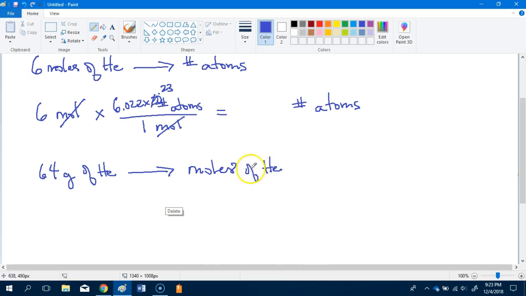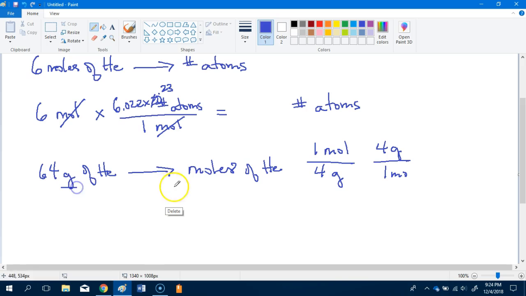We know that 1 mole of helium is equal to 4 grams, because that's based on the molar mass that you get from the elements. We could also say that 4 grams of helium on top is equal to 1 mole. So the conversion factors are interchangeable.